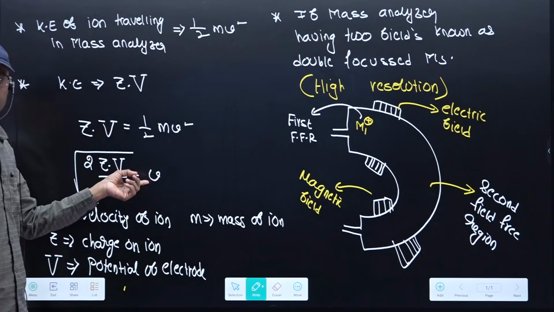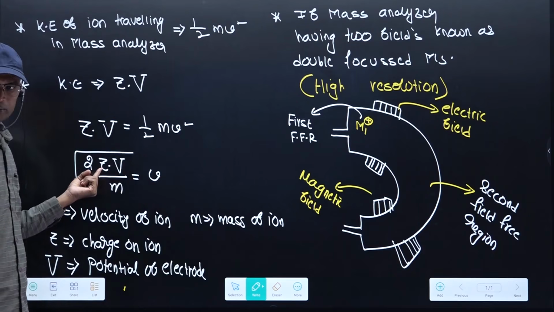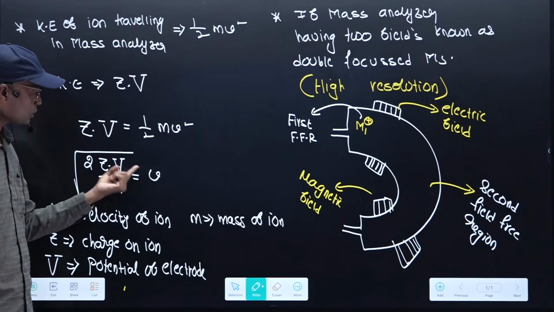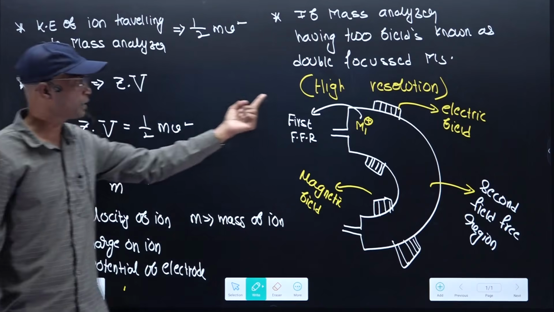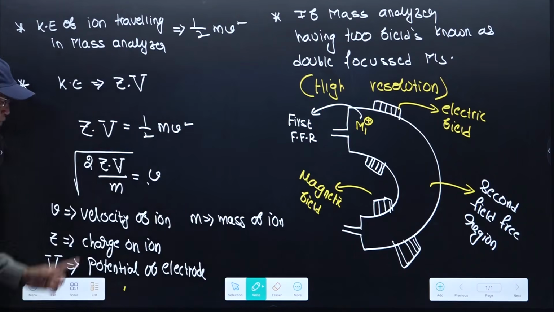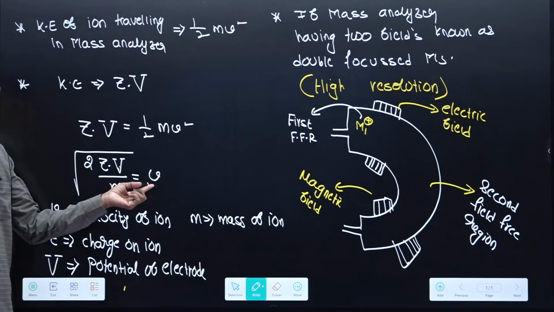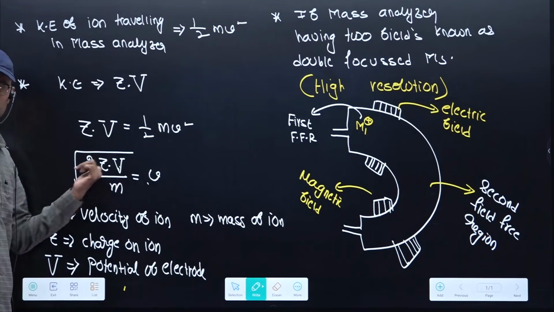Velocity of ion can be calculated. If you want to calculate velocity, we require charge on ion, mass of ion, and then one more, high electrode potential. Based on that, I can calculate speed. So if you calculate speed, can you calculate time of flight or not? Yes. So this is a formula you need to remember. How to calculate velocity in mass spectrometry? By using root of 2ZV by m.